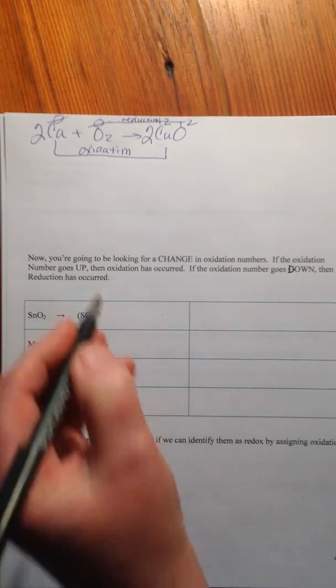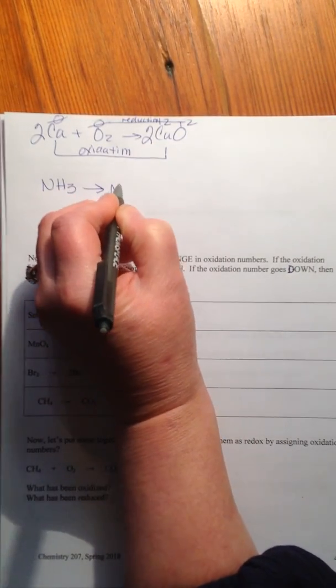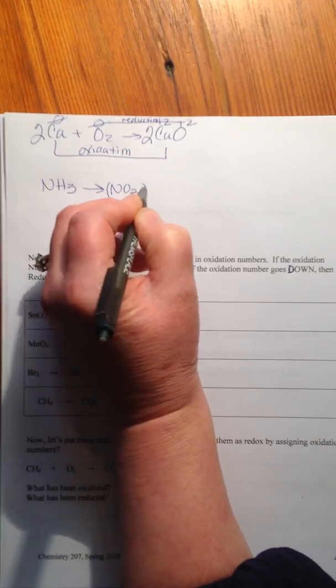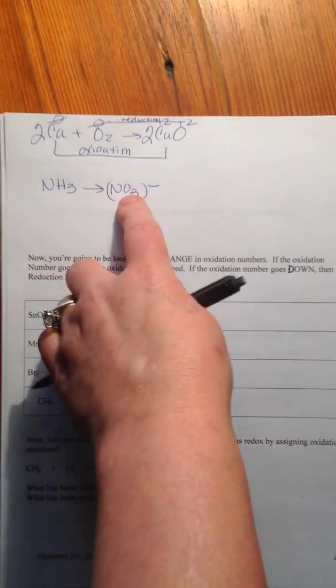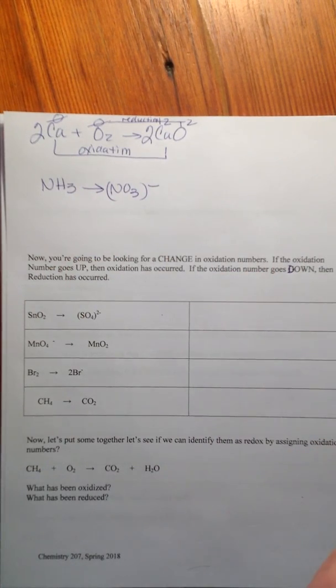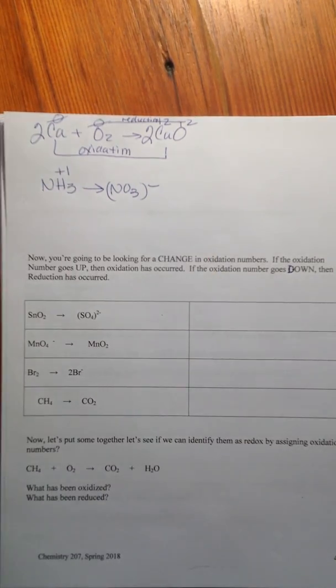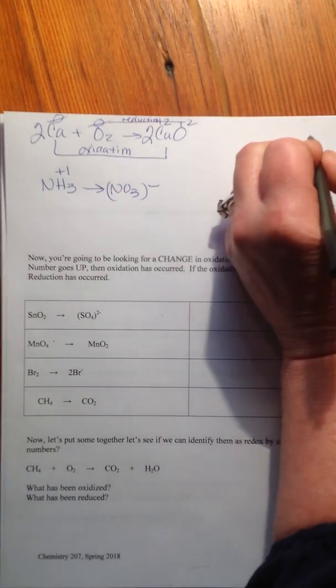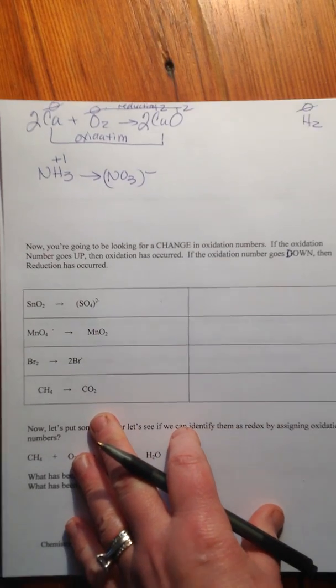If I go from, say, ammonia to nitrate, now the balancing of the hydrogen and oxygen aside, assign oxidation numbers and figure out what has occurred. Well, our rule says that hydrogen gets a +1 unless it's H2. Hydrogen gas is uncombined, so that gets a 0.